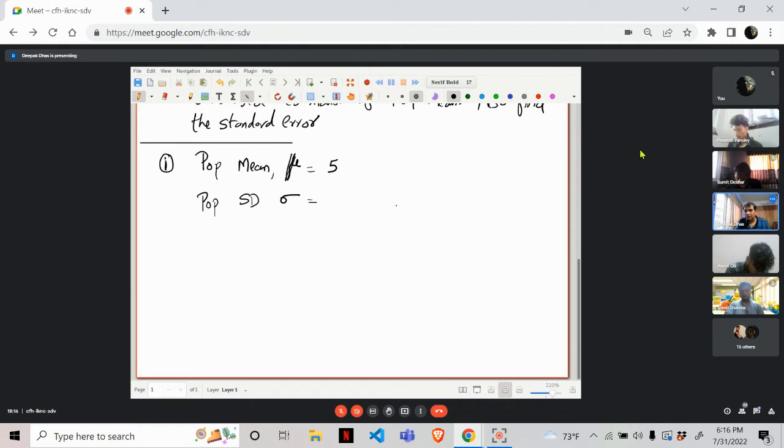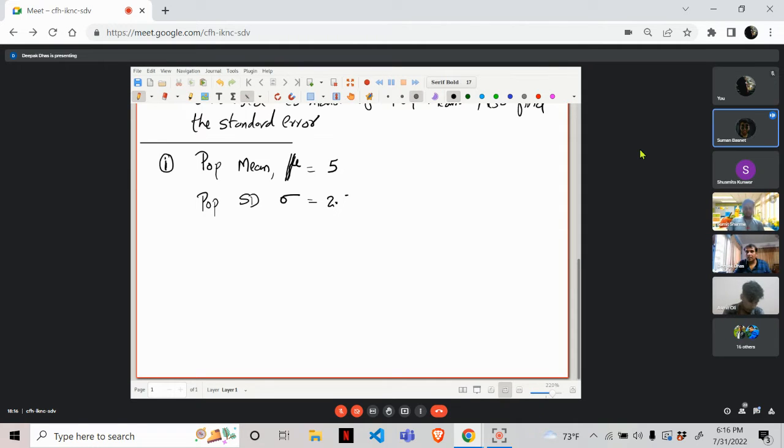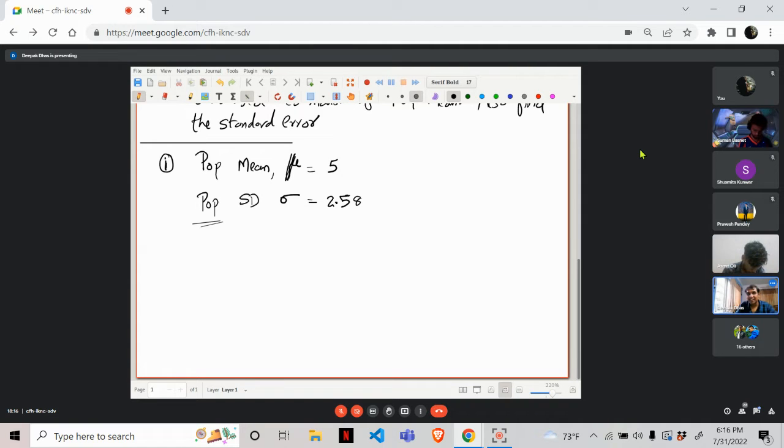2.5822. No. Are Nishal's answers correct? Yes, sir. 2.236, sir. This is for population. Come on, I asked for population. I didn't say sample. 2.23. 2.24.